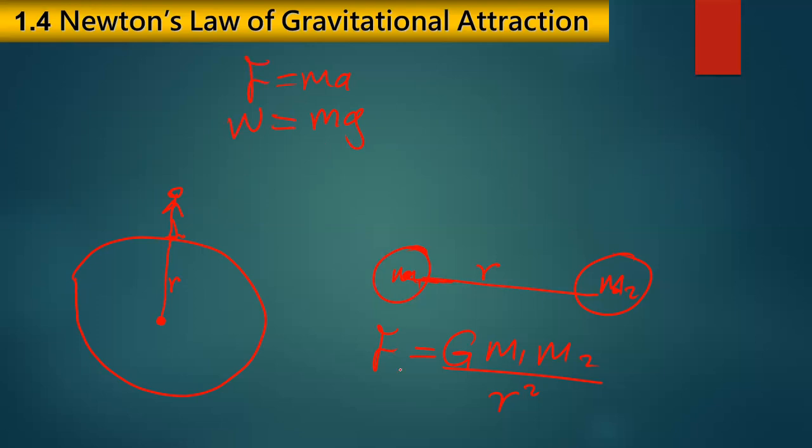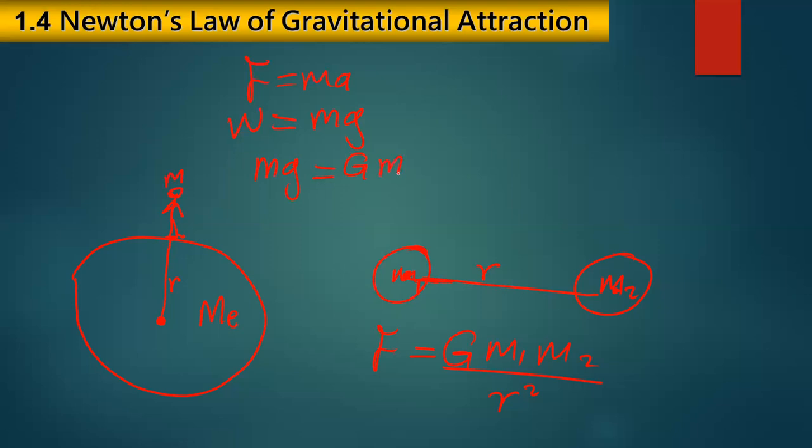So while there's F, I'm going to put mg, and this is also equal to the Newtonian gravitational constant times m1 and m2. I'm going to name the mass of a person m, and the mass of the Earth, I'll name it me.